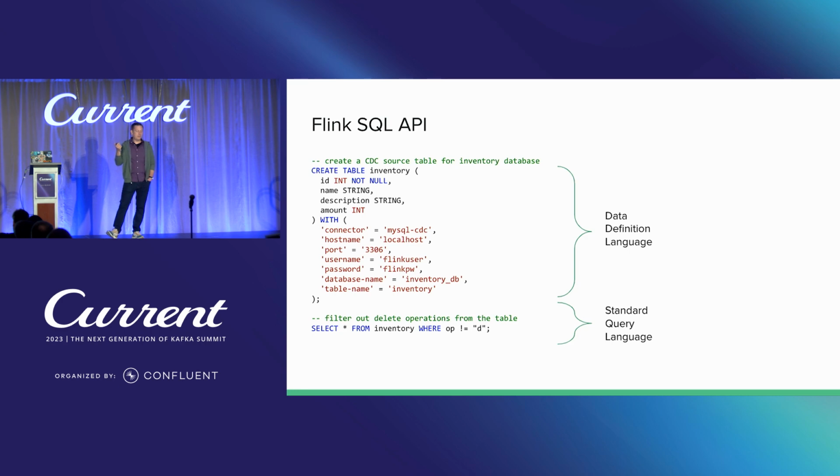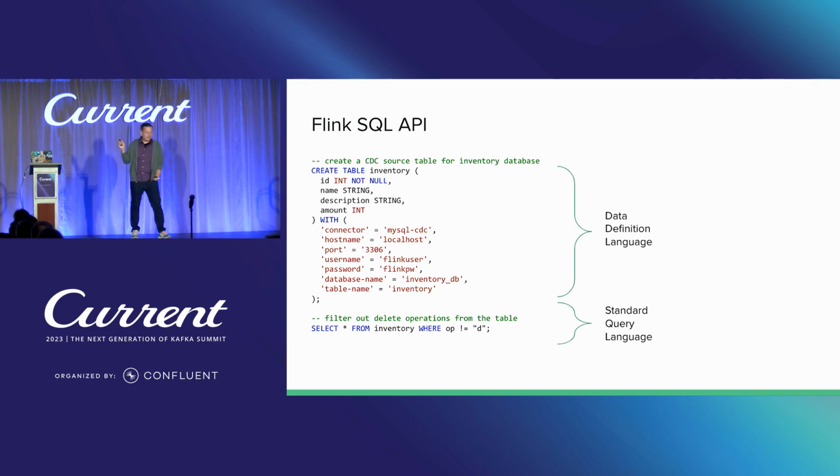Here again, I'm using MySQL CDC, which is, I think, based on Debezium. So I have to know how to connect to that database and how to get the data. But once I've defined that table using DDL, data definition language, then I can operate on that table using SQL, with just select statements, which is pretty nice.